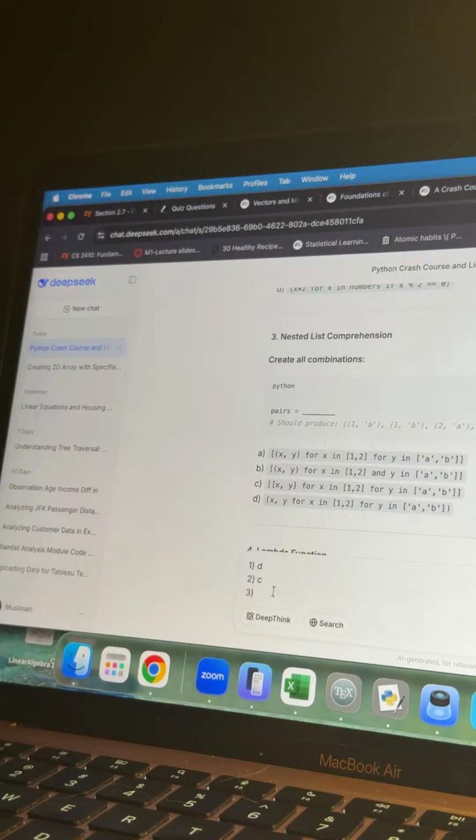What do the brackets indicate in comparison to the parentheses? That's a good question. I think the bracket indicates that it's a list, which is a good point. Pairs here is a list because it's a list comprehension. So it can be D. Okay, so it's A, B, or C. And then the parentheses are inside, so that means X and Y have to be in parentheses.